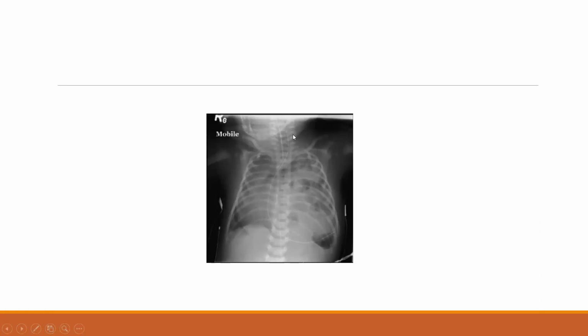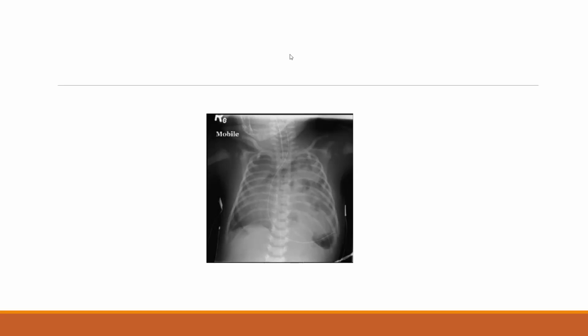Same thing, same X-ray. Why eventration? Where do you get eventration of the diaphragm? There would be a diaphragmatic outline, and it goes upward.